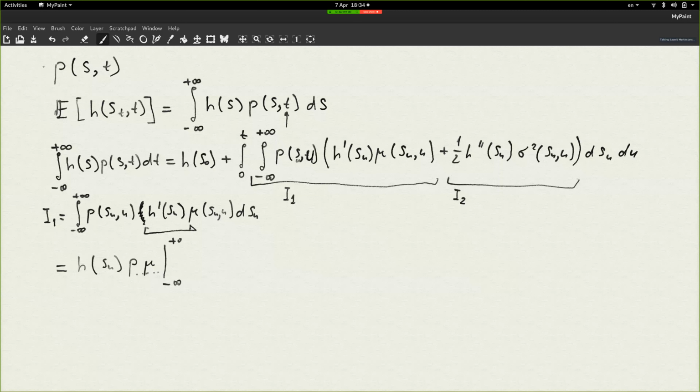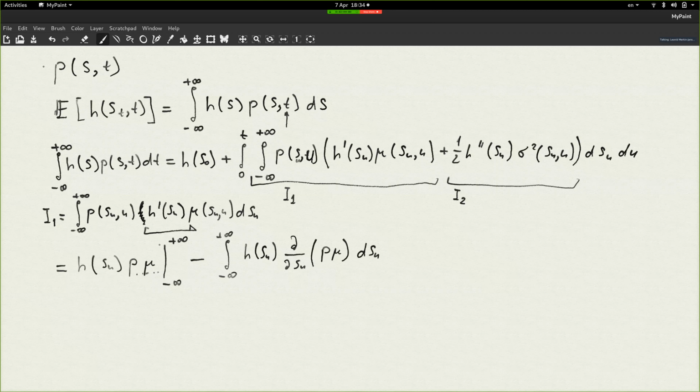Minus integral from minus infinity to plus infinity. Now the other way around, h by itself, h of su, multiplied by the derivative with respect to su of p times mu dsu. Okay?